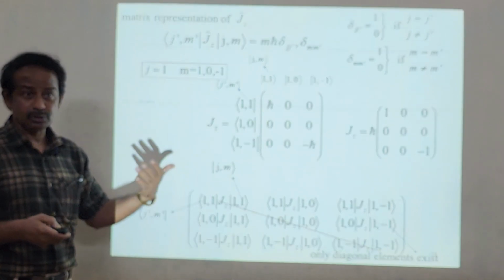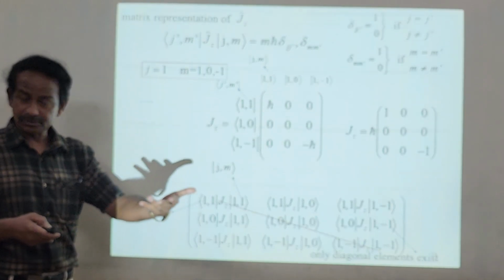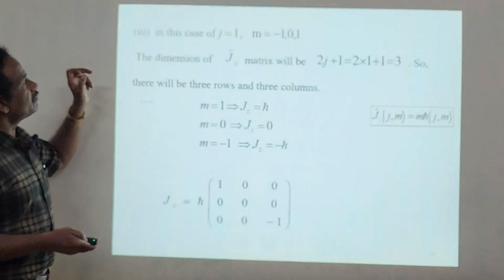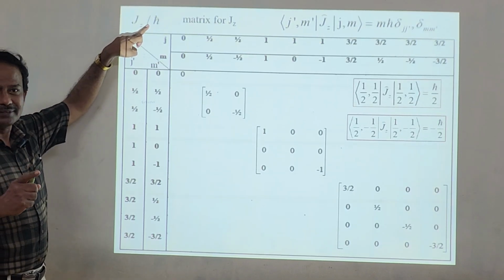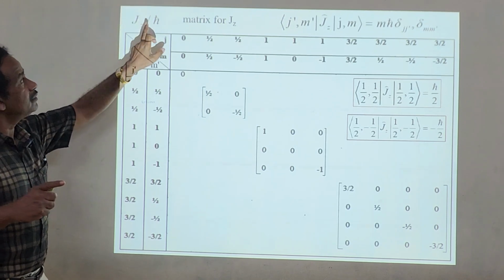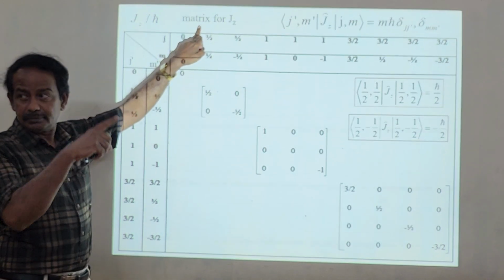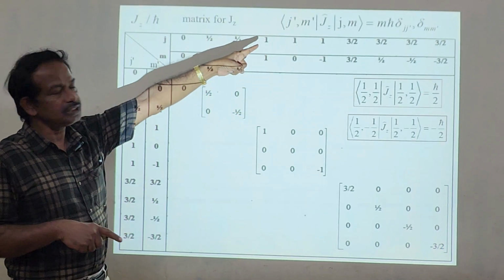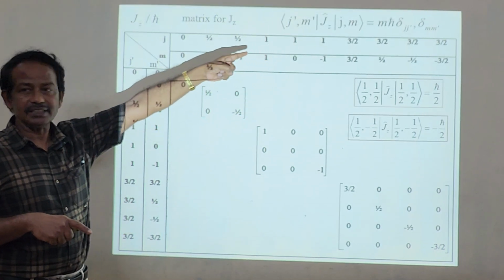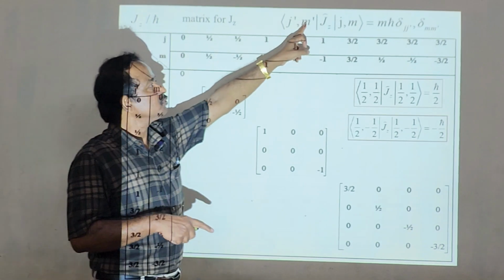Similarly, for all the other 2 by 2, 3 by 3, 4 by 4 matrices also, we can pull it out. So I have written J is by h bar, first point. This is a matrix table for J using this formula, using this eigenvalue equation, which we have already used.